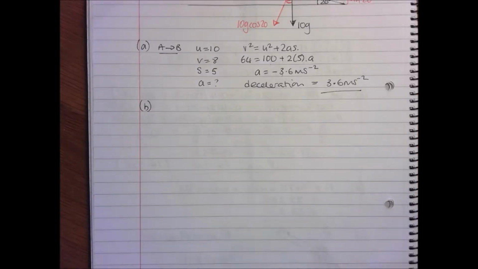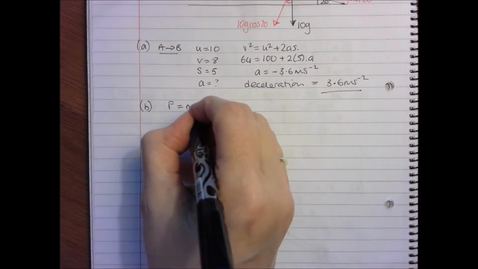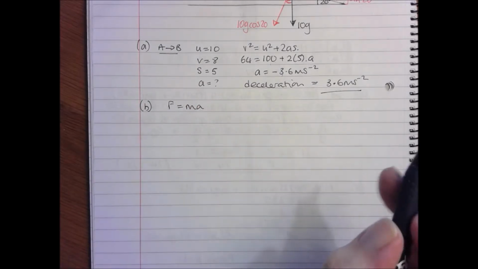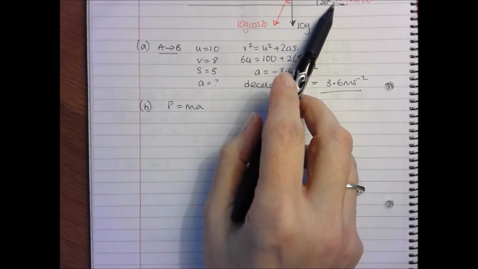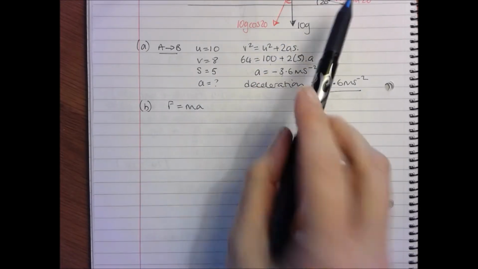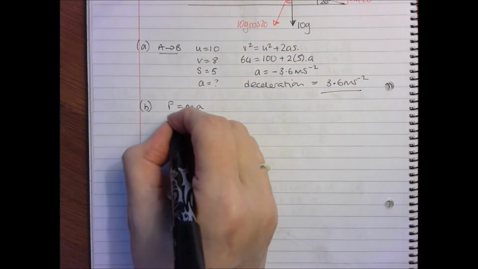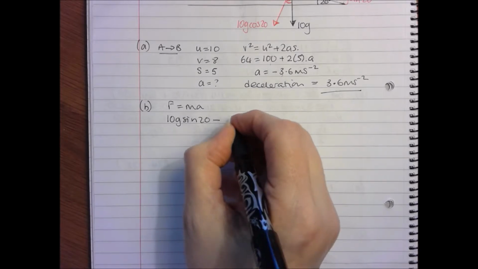Okay, so for part B we need to use Newton's law of motion, F equals ma. And because this suitcase is moving down the ramp, then 10g sine 20 is our biggest force. So my resultant force is 10g sine 20 minus my frictional force.